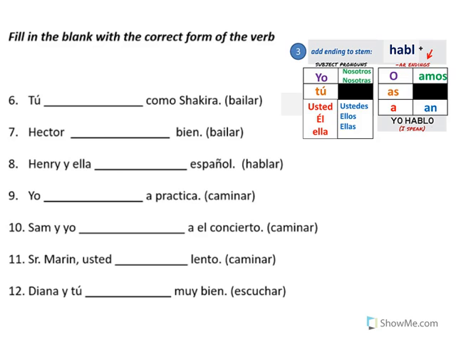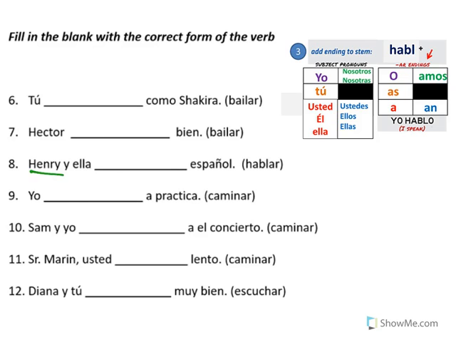Number 8. Henry y ella blank español. We want to say Henry and her speak or talk Spanish. Okay, so this is the mistake most people make. They see ella right there, they match it up, and then they think that the answer is ella, blah. But no, you really have to read the entire phrase, the entire sentence, and make sure that you know who the sentence is about.